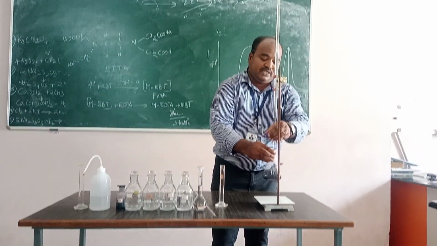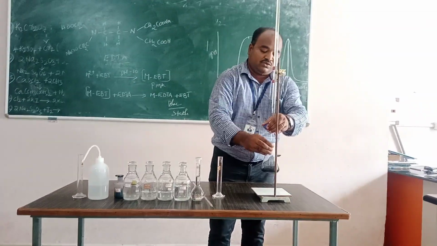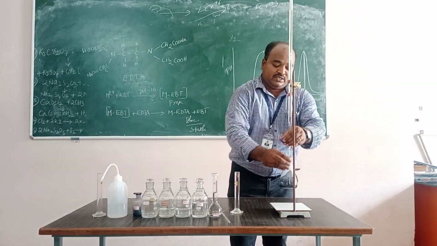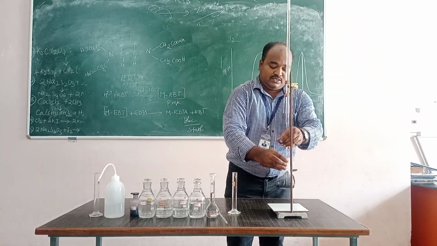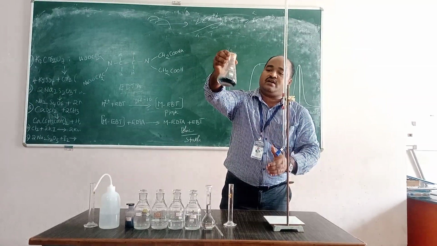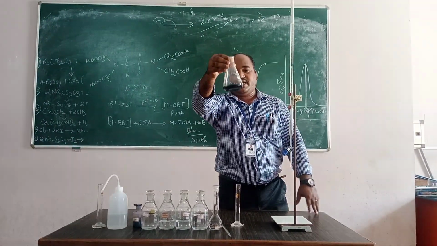I am observing the color change: it turned from wine red, slowly turning into a light blue color. You can see, before it was a wine red color, now it is completely a greenish black color.